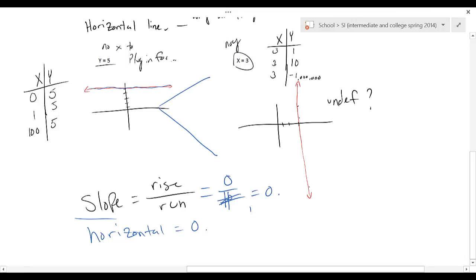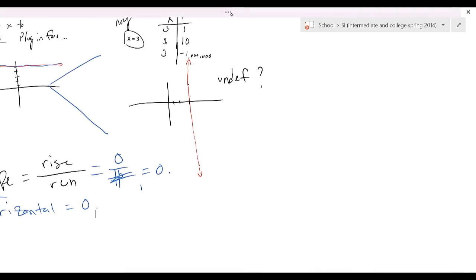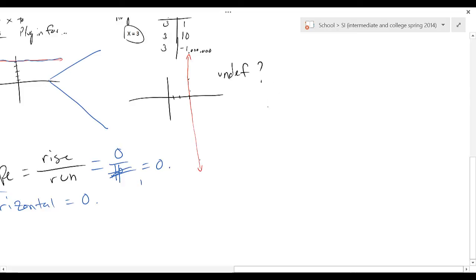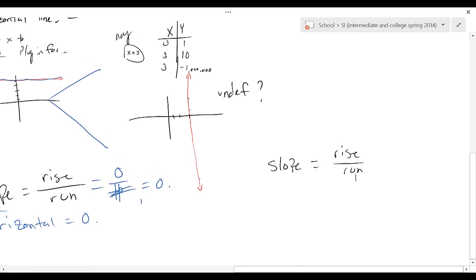Now let's try a vertical line and see if we can prove why this slope is undefined. Like we said before, slope is rise over run. We're going to try to find where this line is rising and running. Let's use green this time. It looks like it's rising everywhere. It's constantly going up or down. Now, where's it running? It's not going left or right anywhere.